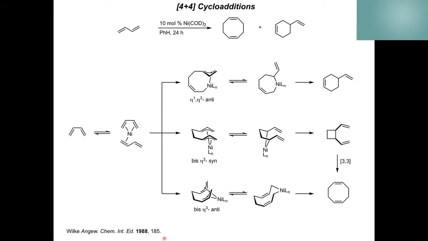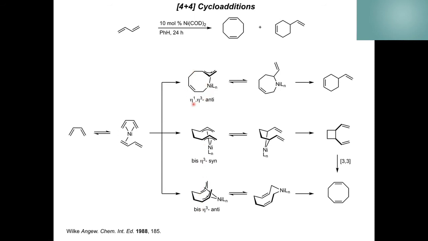This mechanistic work comes from the late 1980s from Wilke. Again, unsurprisingly, we've seen this a few times now, but reduced nickel coordinates butadiene, makes these really beautiful butadiene compounds, and subsequent coordination of another equivalent of butadiene can undergo oxidative cyclization. We can think about these metallocycles in three fairly different ways.